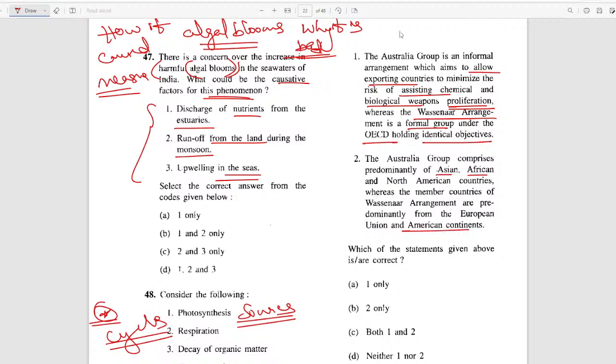So we have to understand the basics of these groups. What are these groups? How are they formed? And the steps that are taken to control the spread of chemical, biological, and nuclear weapons. International steps that are taken. This is just two groups here. You have to go through the other things also. Nuclear weapons, biological weapons, and chemical weapons.